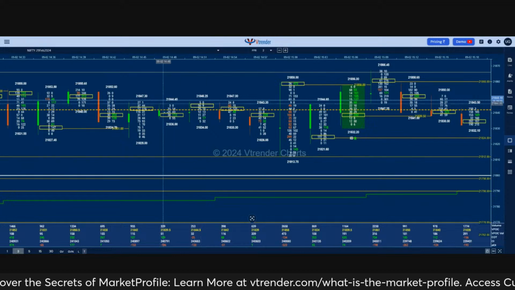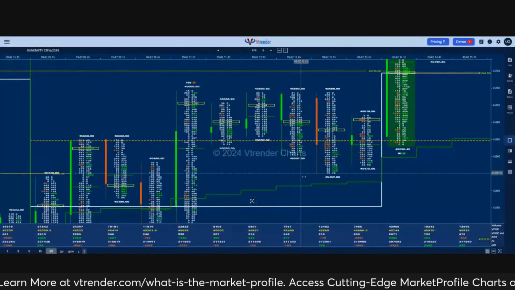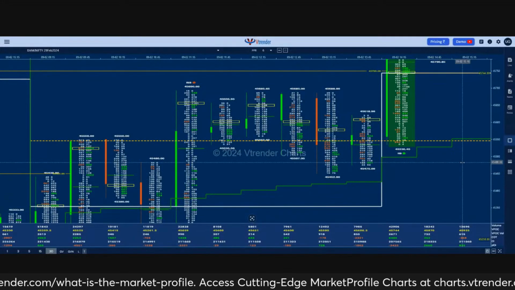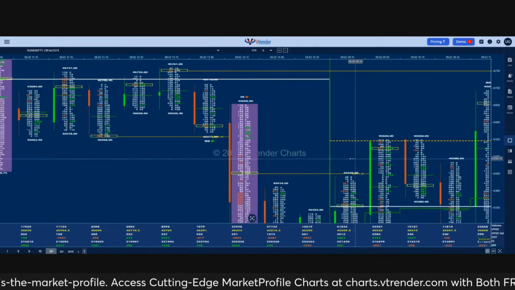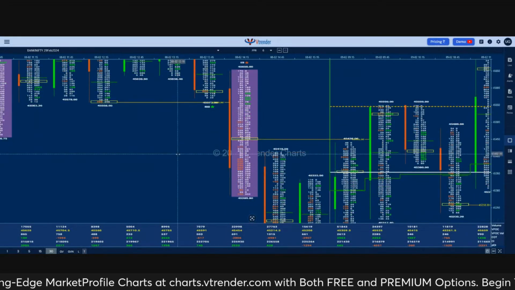I will come now to the Bank Nifty because Bank Nifty had a different kind of structure today. I'll start with yesterday's.